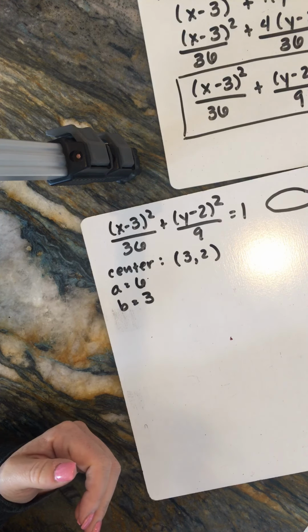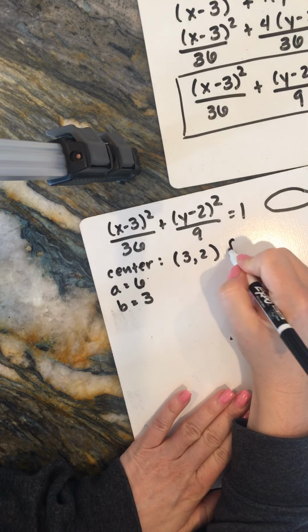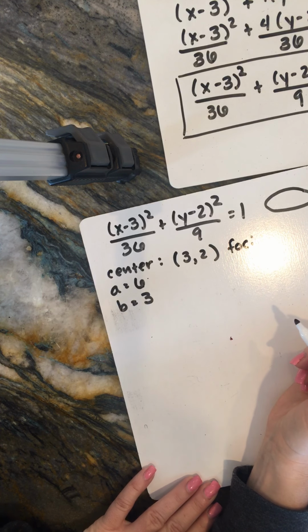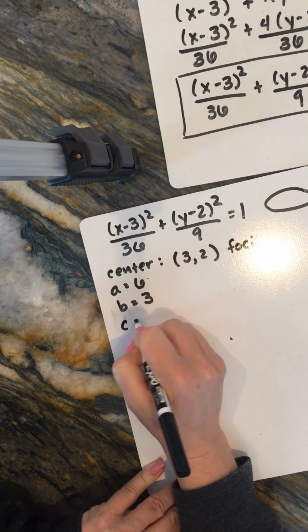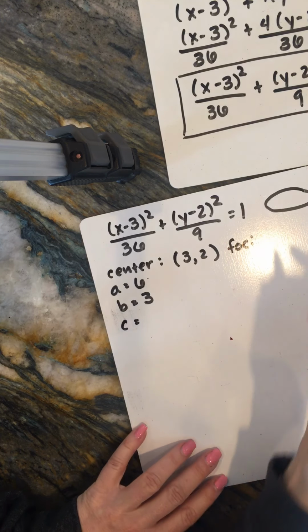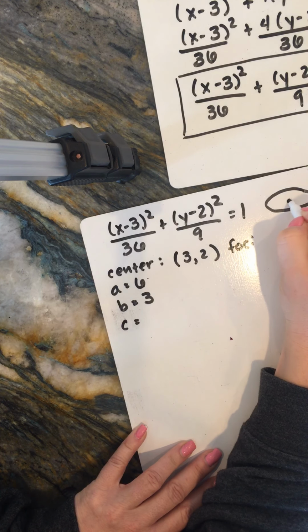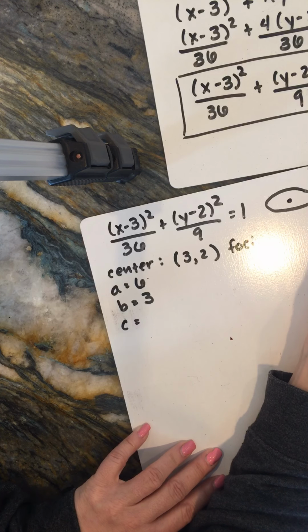All right, so they're asking for the center, the foci now. So the foci, remember back that the foci need to have that C value. So we need to look for C. This is where the Pythagorean relationship comes into play. So the distance from the center to the vertex is 3 units, right?